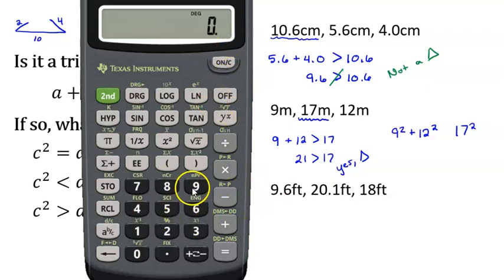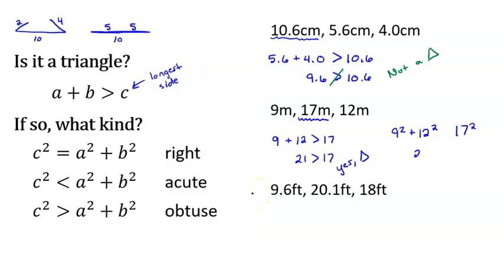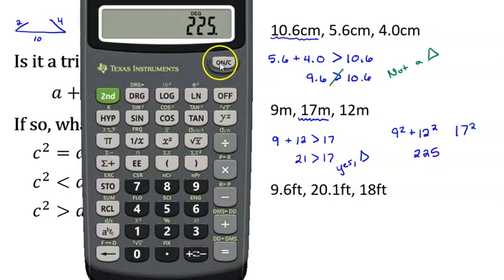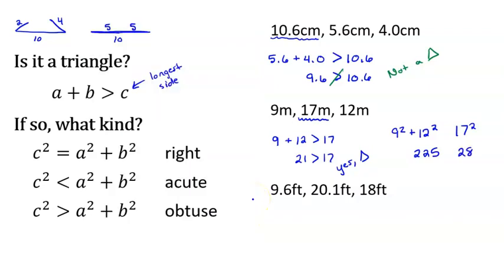I'm just going to do 9 squared plus 12 squared, and that gives me 225. And then I'm just going to do 17 squared, and that gives me 289.